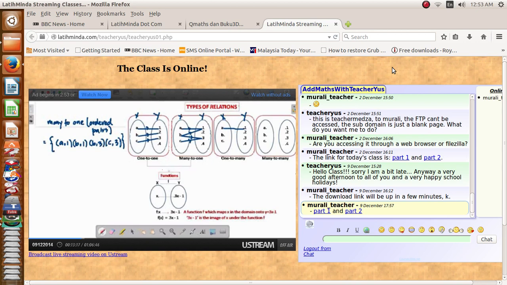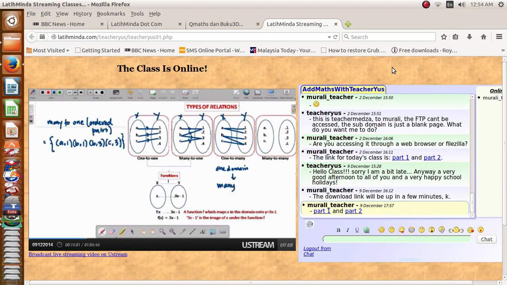Besides 1, A can go to 2, B goes to 3, C goes to 4, and maybe B can also point to 4. Can you see? This is one to many.